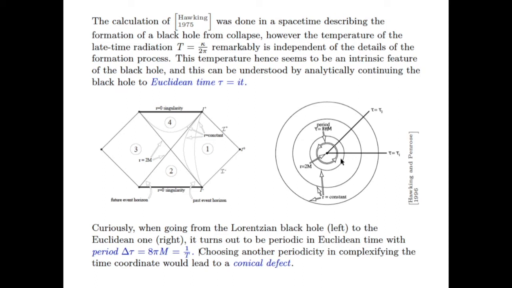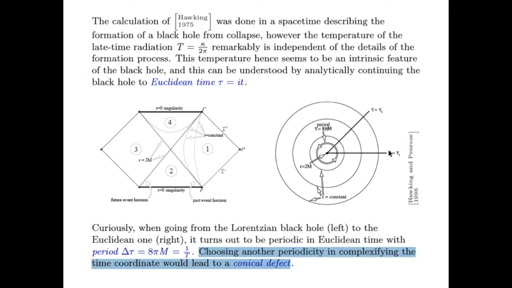In the Kruskal coordinates, this is entirely obvious. In the Schwarzschild coordinates, you might be confused: if you replace t by minus i tau, why does tau have to be identified periodically? Or why does it have to be this period? Well, if you would choose any other period, that would be essentially like cutting out a wedge of this circular diagram here and gluing it together, such that there would be a conical defect, like a deficit angle.